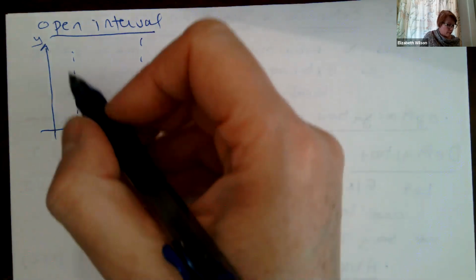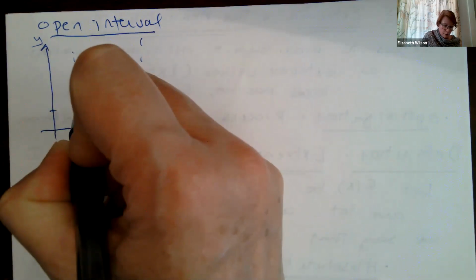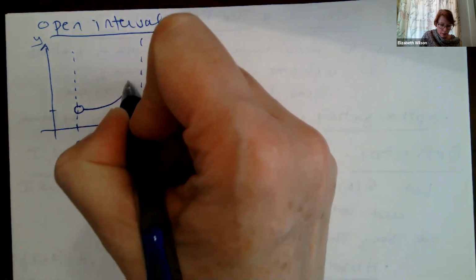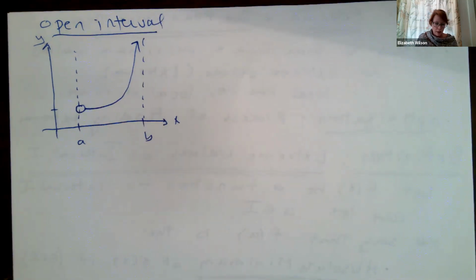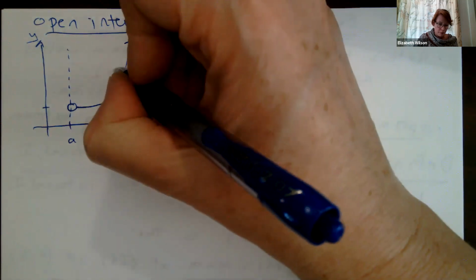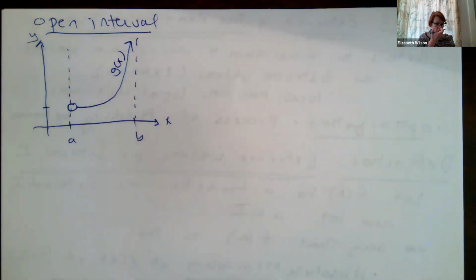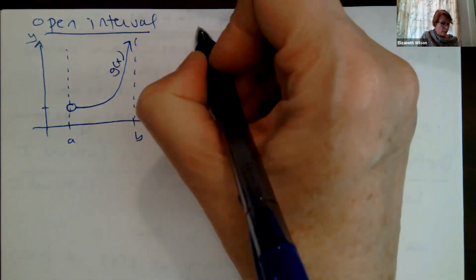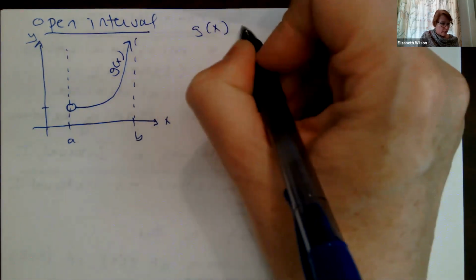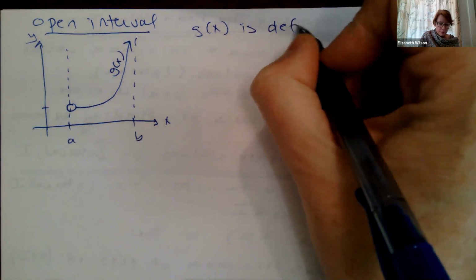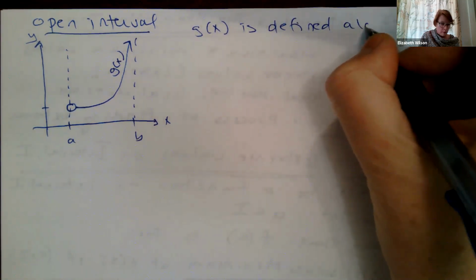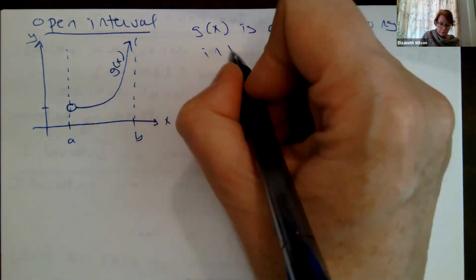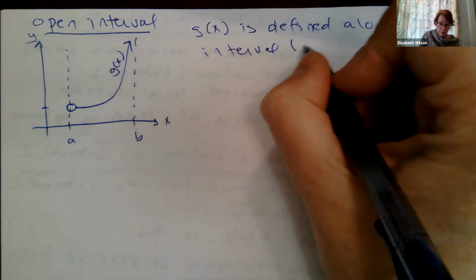At a particular value, my function is undefined at that spot right there. And then it increases without bound as I approach my other end of my interval. Let's call this function g of x. Along this open interval, how we would describe it is that g of x is defined along this open interval. We write it a to b.